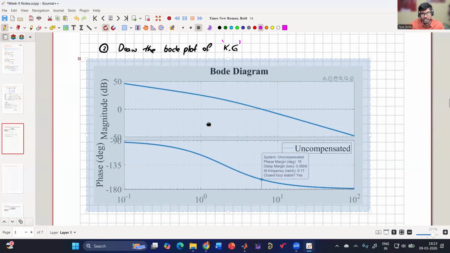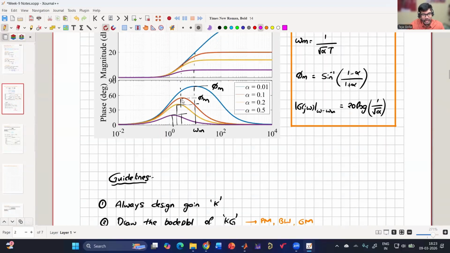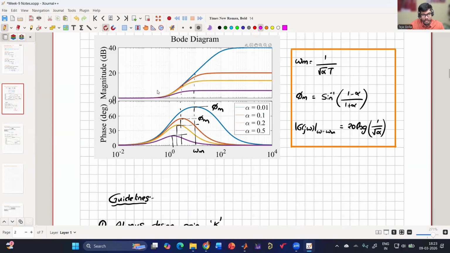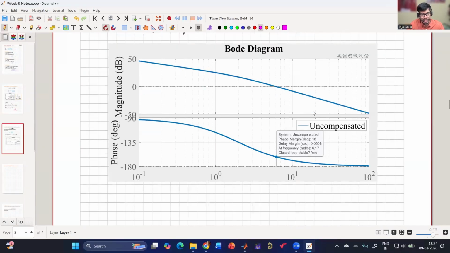I think I'll take a full picture in the center. So if you see, when there is phi m, the gain is increasing to a certain value, right? Basically, what we are trying to do is, I'll use a pink color.